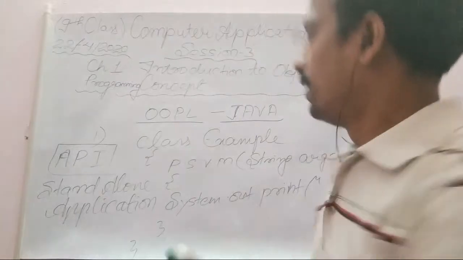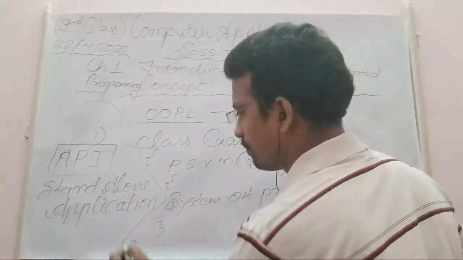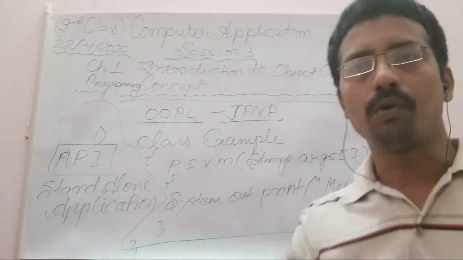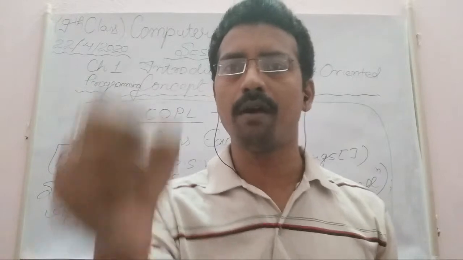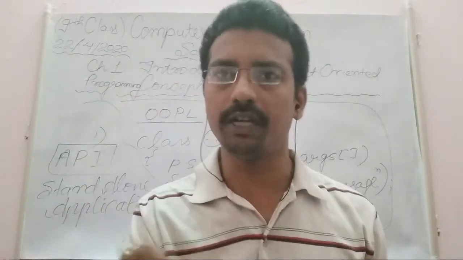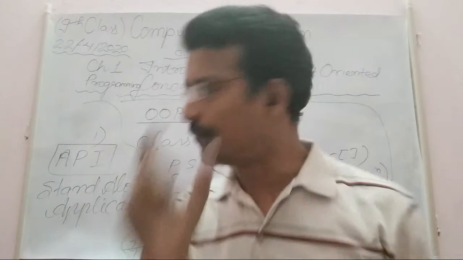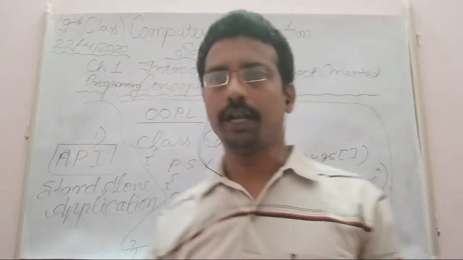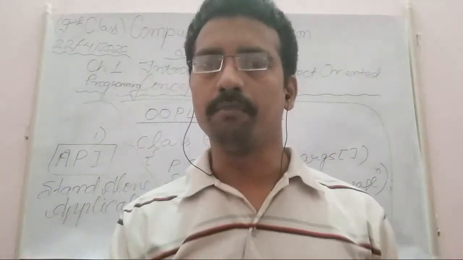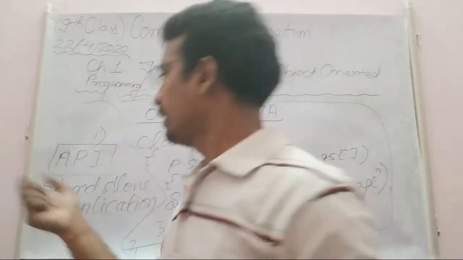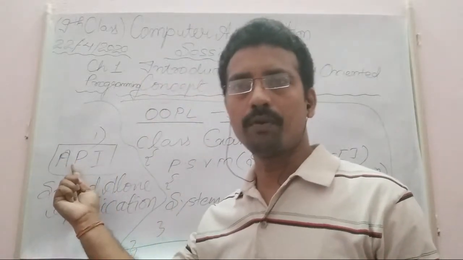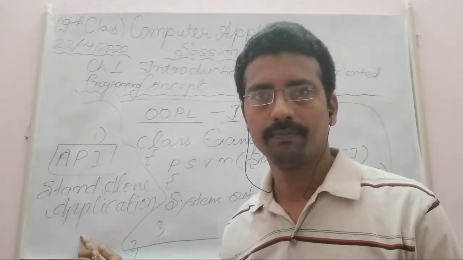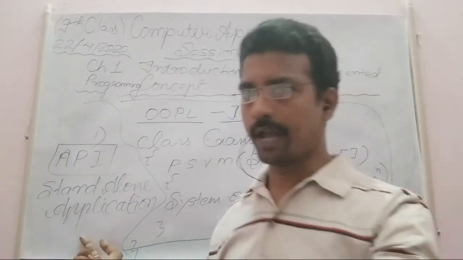This particular program, whatever program you are observing in front of you, will execute in Java with the help of the Java virtual machine and Java compiler. So when any program of Java is executing with the help of JVM, that kind of program is called application programming interface or stand-alone application. Hope clear? One more time.